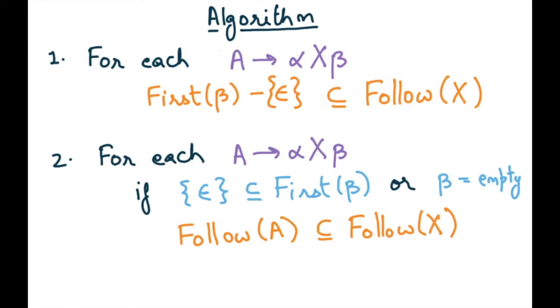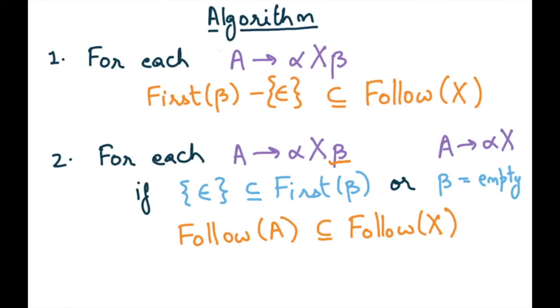Similarly, for each production A produces alpha X beta, if epsilon belongs to first of beta, which basically means beta can reduce to the empty string, or beta is empty, which means that this production was really just A produces alpha X, then follow A is a subset of follow X. Now this is also easy to see.